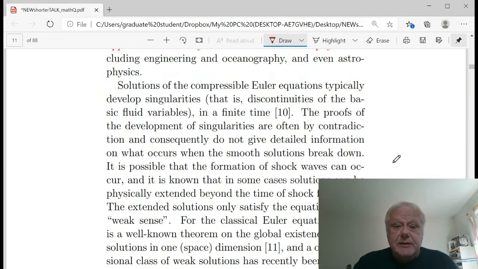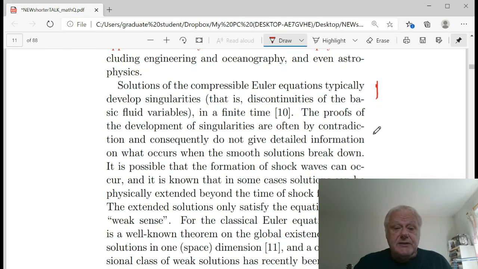Just to give you an idea, because of course when talking about mathematical physics there are various areas that one can consider, and fluid mechanics is probably the most important. So just a comment about the types of questions that arise. Firstly, solutions of these equations. Euler's equations are a set of equations describing some particular systems in applied mathematics. These solutions develop singularities, so how to study these solutions.